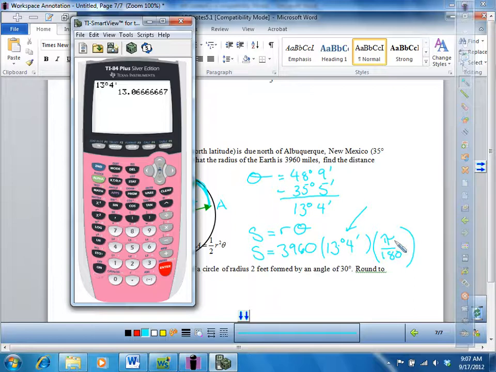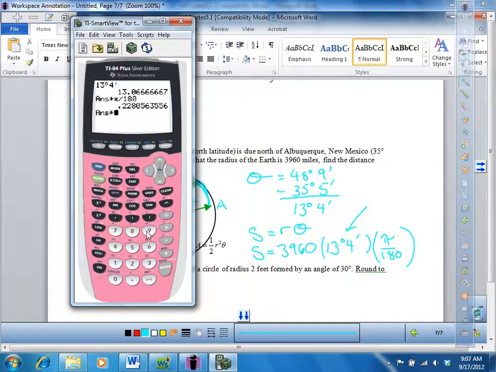And I'm going to multiply that by pi over 180. Times, second, pi is here, that pi? Pi divided by 180. And with multiplication and division, you don't have to put in parentheses, but I'm just going to do that.